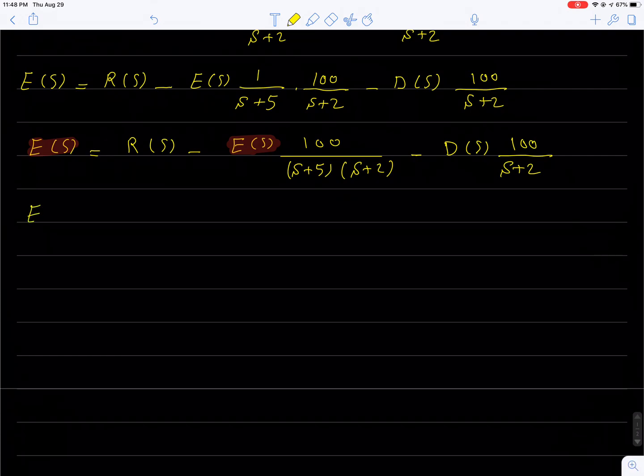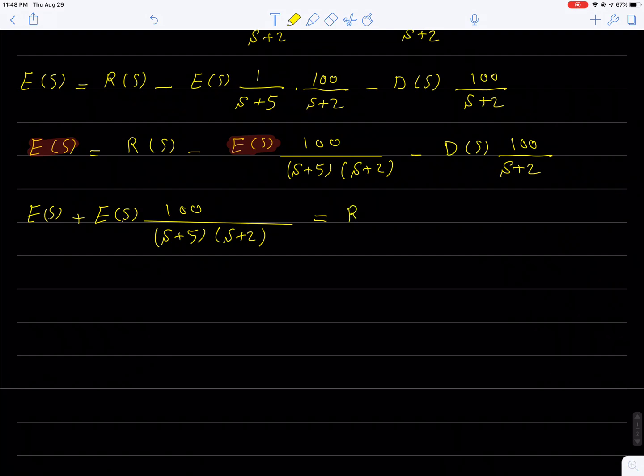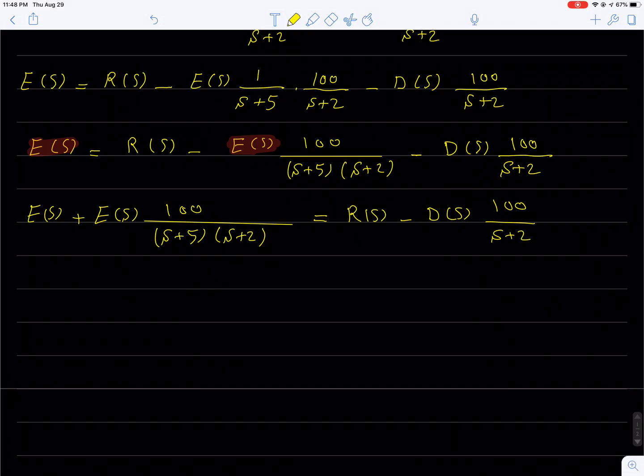So it's going to be E of S plus E of S times 100 over S plus 5 times S plus 2. This is equal to R of S minus D of S times 100 over S plus 2.